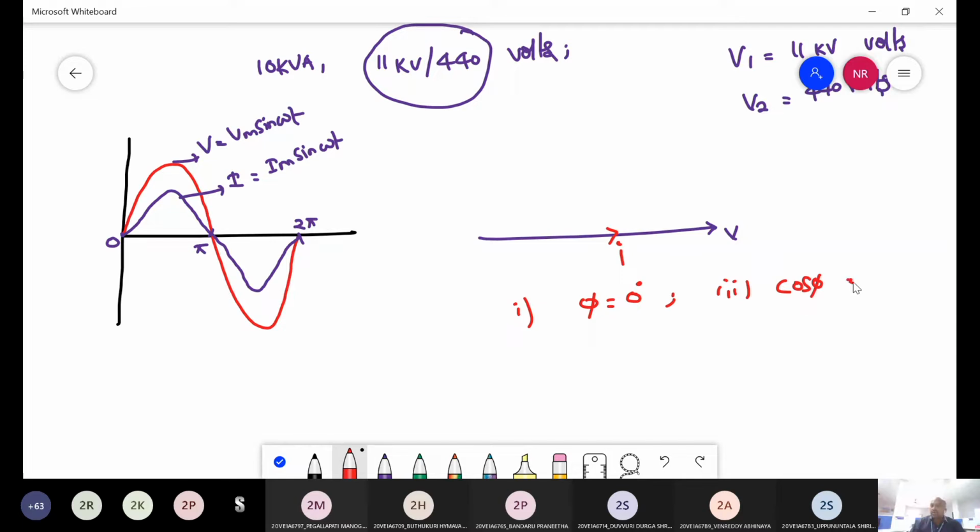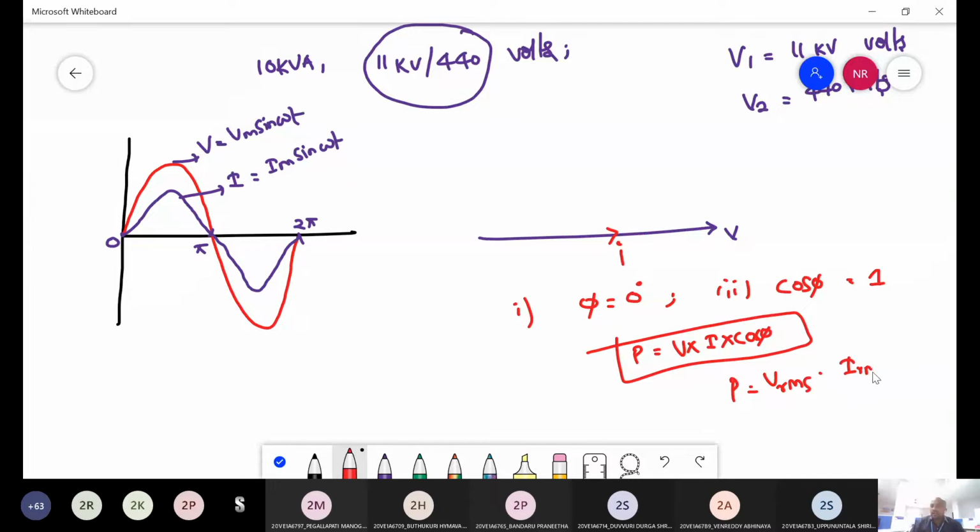Cos 0 is how much? Cos 0 value 1. Then power P is the standard formula V into I into cos phi. Then cos phi is equal to 1. Then power P is equal to Vrms into Irms. This is one.